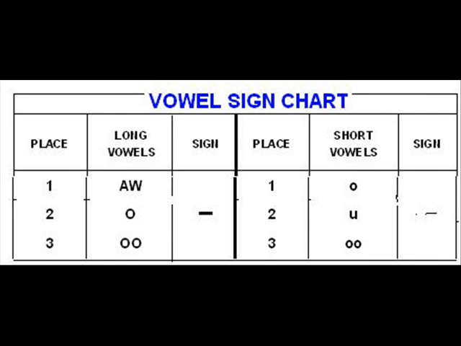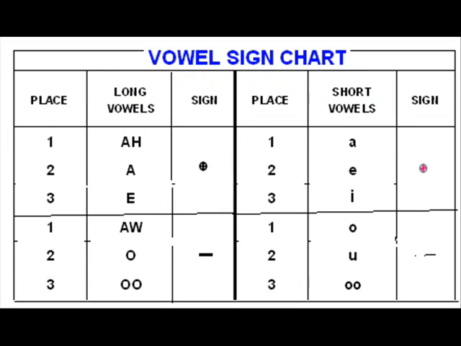Similarly, the long vowel sounds O, U are represented by a heavy dash, and the corresponding short vowel sounds O, U are represented by a light dash. So, a dot and dash are provided to represent the vowel sounds. If it is a heavy vowel sound, a thick dot and thick dash. If it is a light vowel sound, a light dot and a light dash.